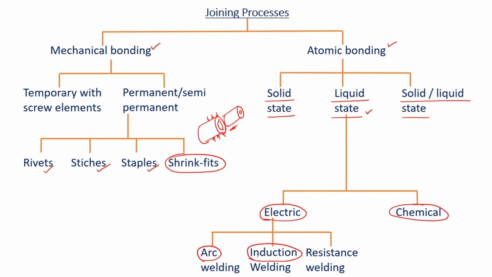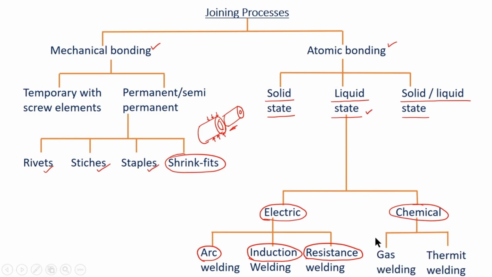We can carry out induction heating in between the two work parts, and that induction heating will melt the materials and then we can fuse them together. The heating which is generated due to the resistance to the flow of electric current between the two work parts is called the resistance welding. In the other group, the chemical based liquid state atomic bonding process, we are using gases, the gas welding, where an oxyacetylene combination of gases is used to generate flames, and those flames are used to get the required fusion operation.